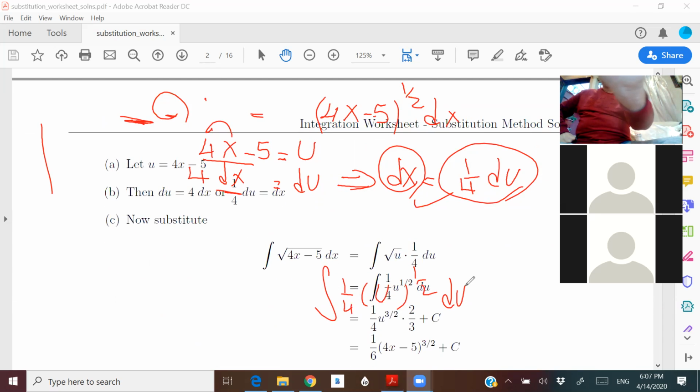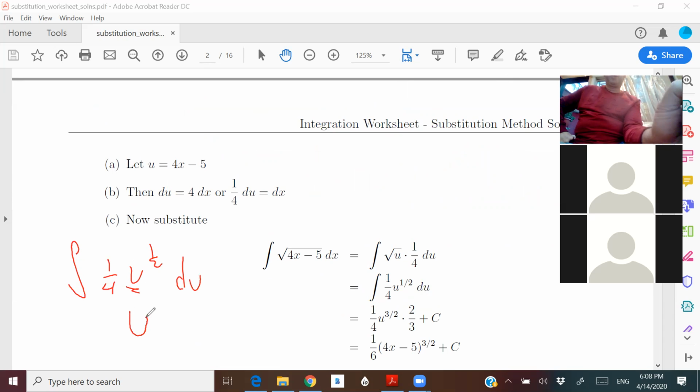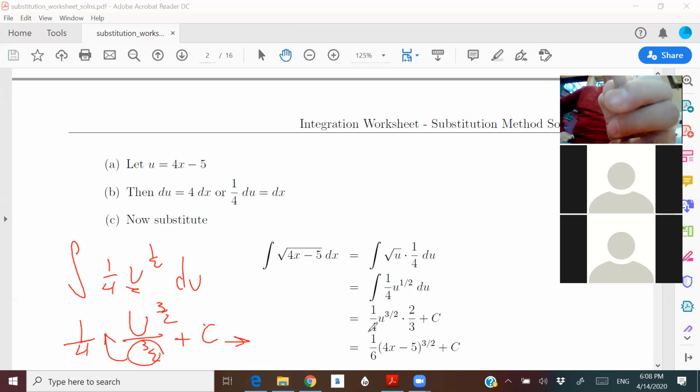It becomes 1/4 u^(1/2) du. u^(1/2) becomes u^(3/2) over 3/2, times 1/4, plus constant. Dividing by 3/2 means multiplying by 2/3, which becomes 1/6. Replace u by 4x - 5 again, and we have finished our work.